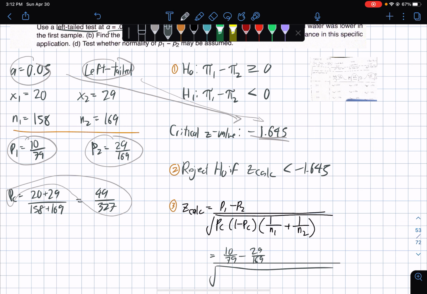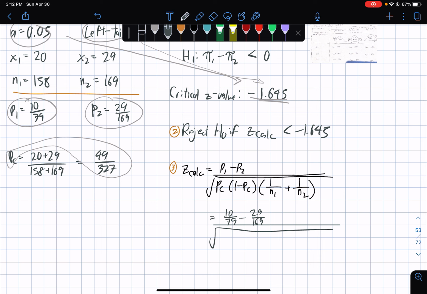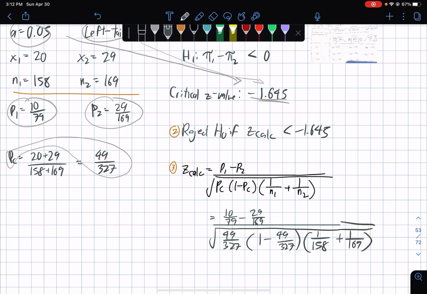And then over the square root, over the radical sign. Shucks, I forgot how to say this correctly. Sorry about that. Anyways, 49 over 327 times the quantity 1 minus 49 over 327. Yeah, it is a square root. 1 over n1, or 1 over 158, plus 1 over n2, 1 over 169.